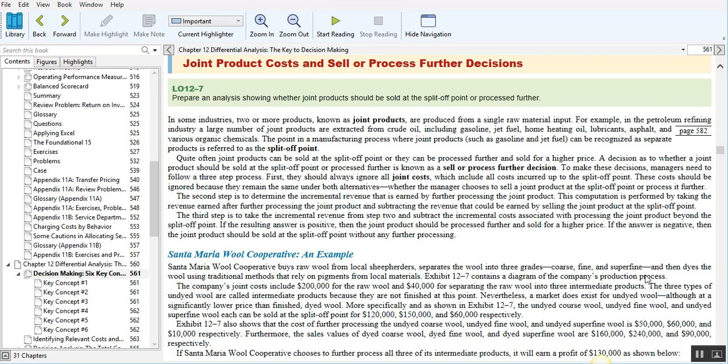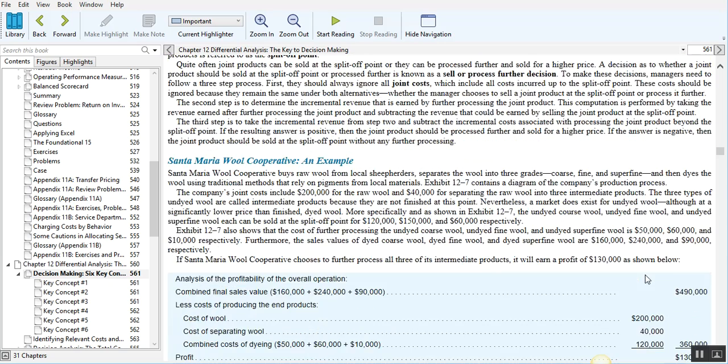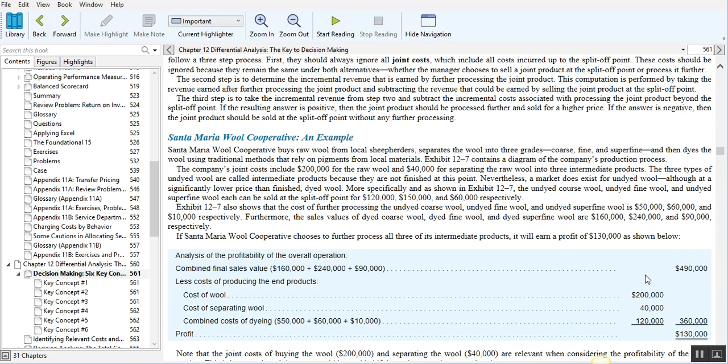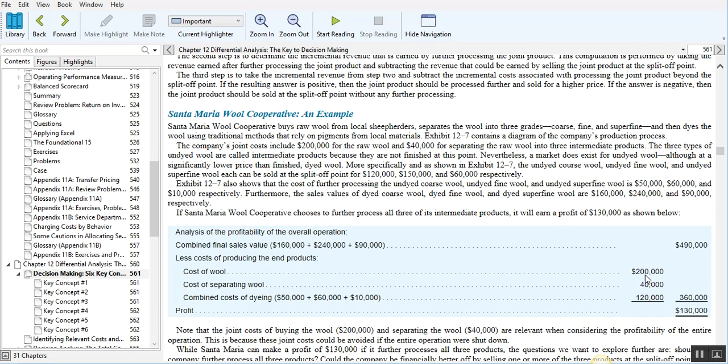And the example we used in class was oil, and how you have multiple products represented in the oil that you're processing: gasoline, and some other oil-based, petroleum-based products that come out of that as well. And so when you start going through those processes, you find out that at a certain point, they're separately identifiable, and at that point, we split these off. And then you analyze whether or not it's more profitable to continue the process as separate products, or just to sell them outright at the split off point.